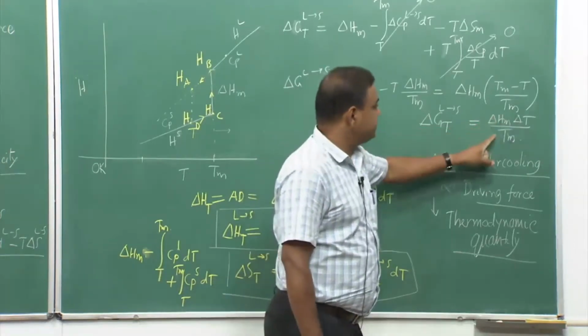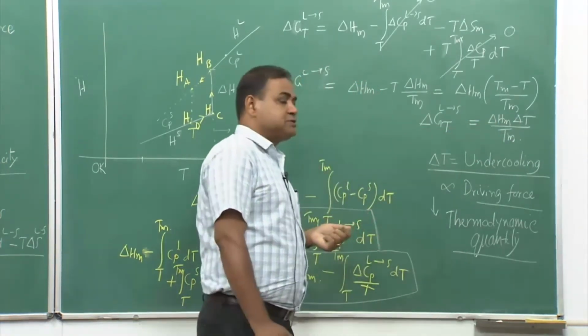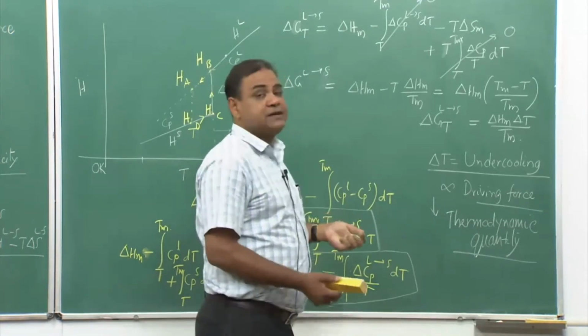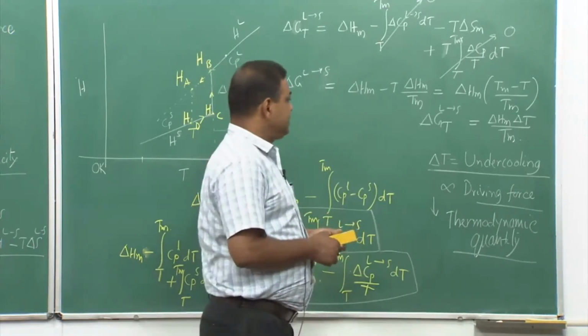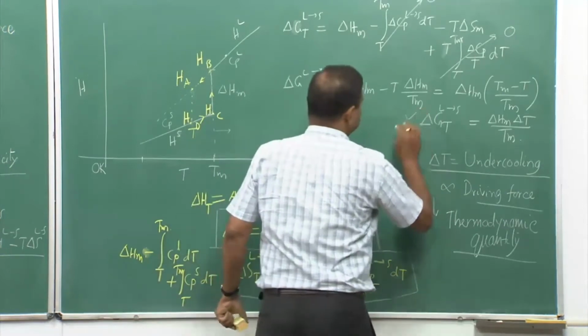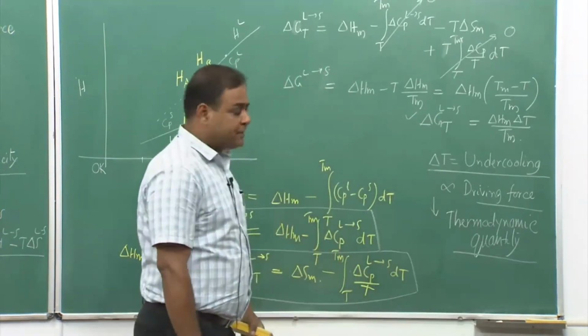So, all the parameters are known values and they are not complicated. So, we get a very simple expression to find del G T.